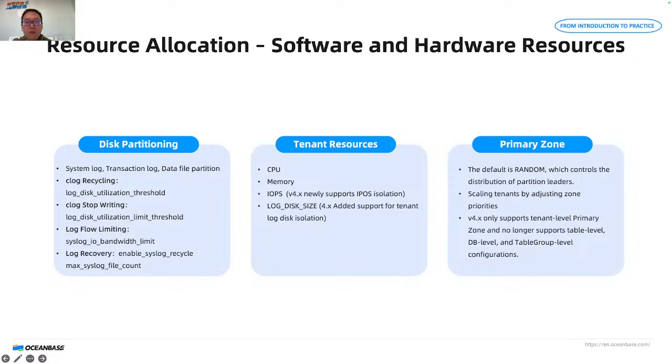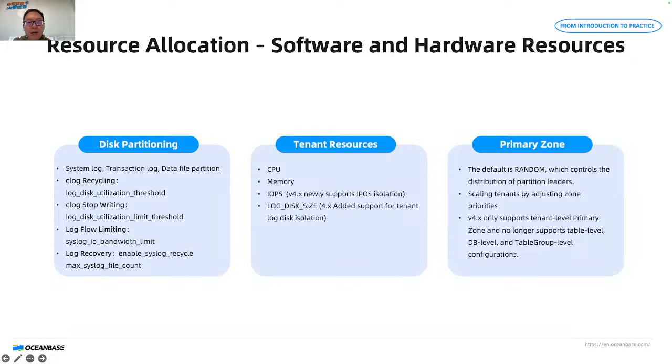Enabling the log flow limit function on the system log disk can help manage the disk I/O bandwidth used by the system logs. However, this might lead to an error indicating that the log write limit has been reached, suggesting a need to increase this limit for better log analysis.